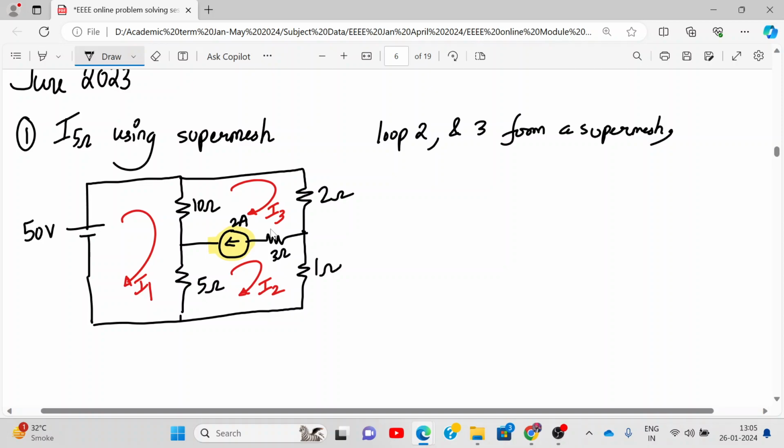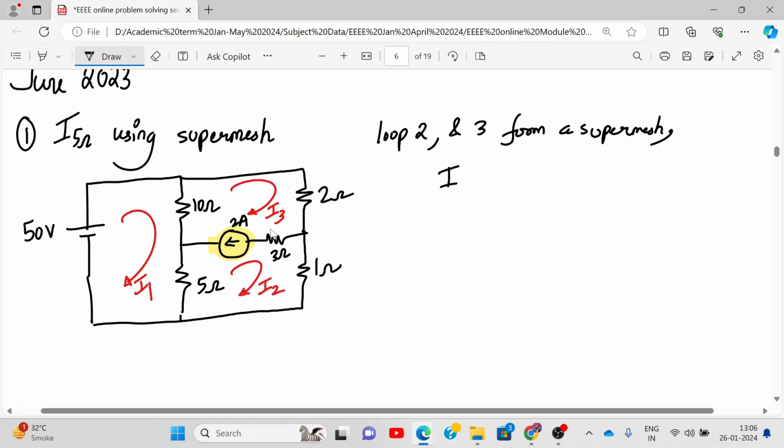It does not matter, because anything in parallel or series with a current source is redundant. So the same 2 ampere current source will flow over here. So loop 3 and 2 form a super mesh, yes or no?